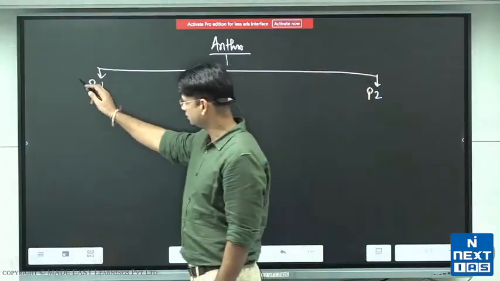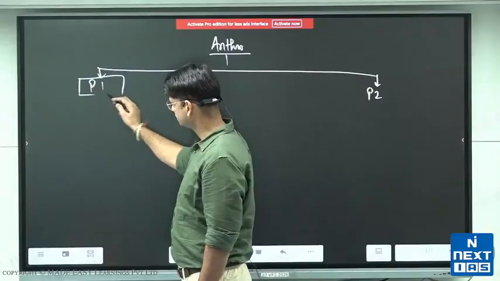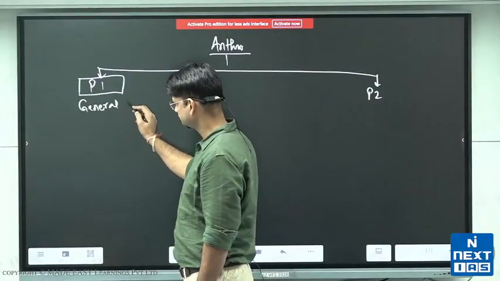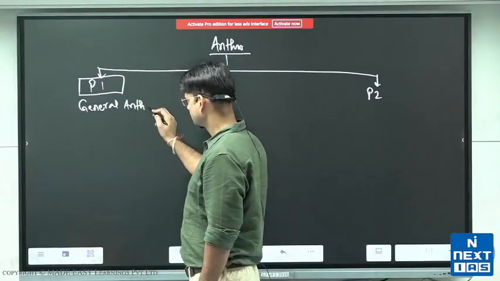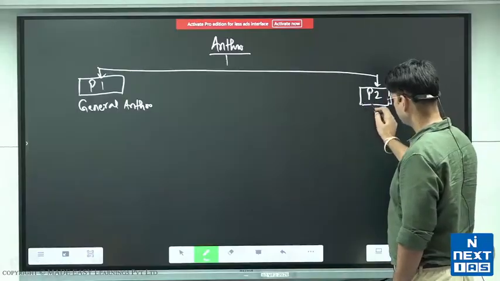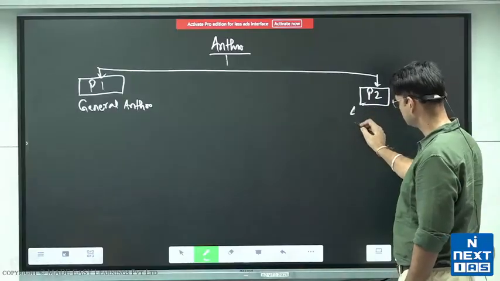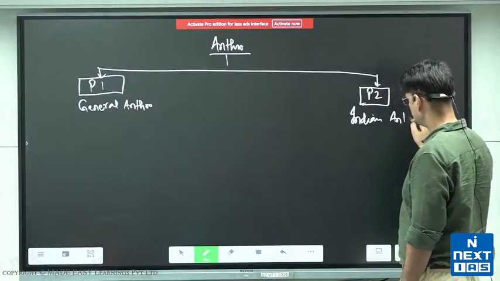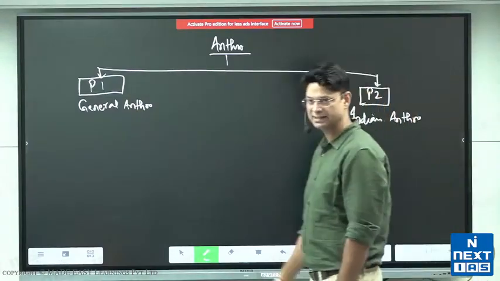Paper 1 is basically the general anthropology, and paper 2 is anthropology in Indian context. That means Indian anthropology, application of anthropology on Indian settings.